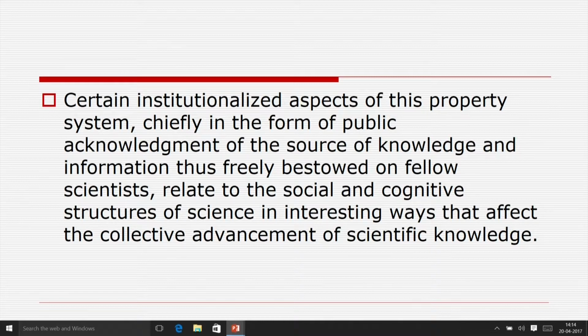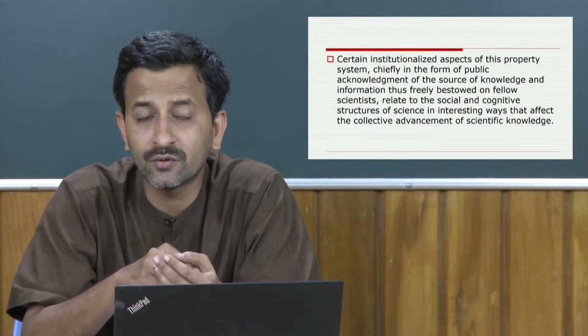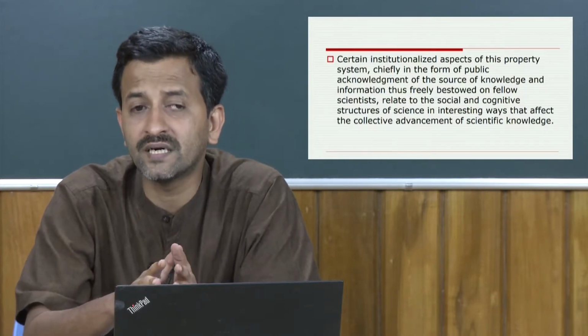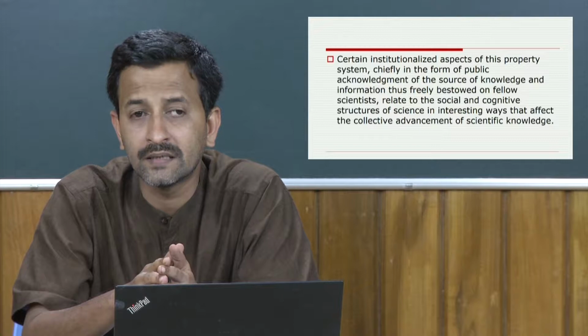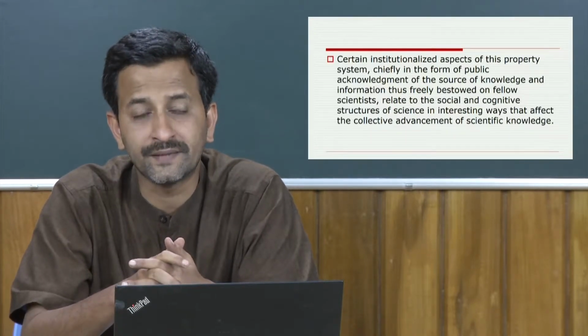When we say social structure of science and cognitive structure of science, they should not be examined in isolation, and any attempt to study them in isolation will be misleading.